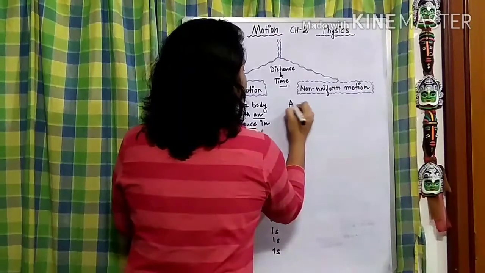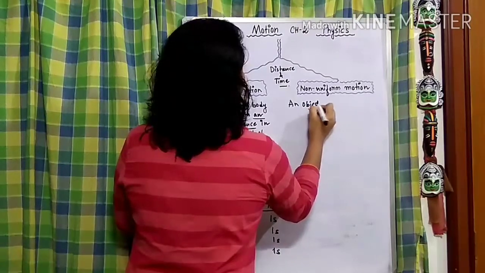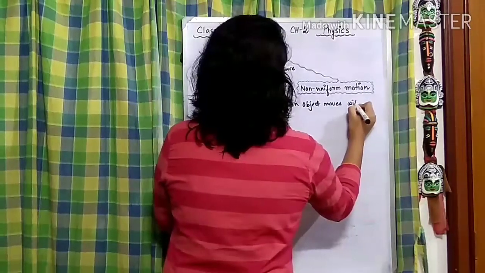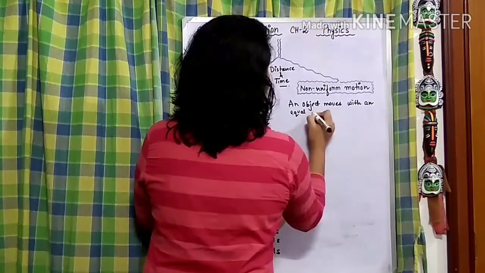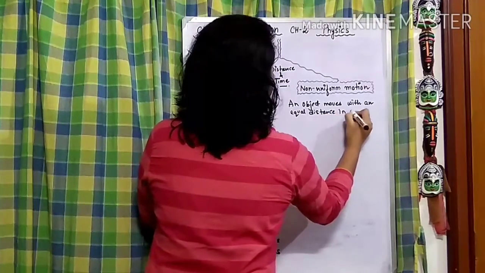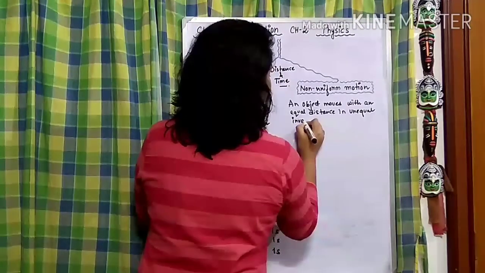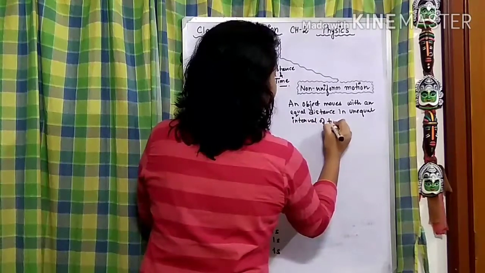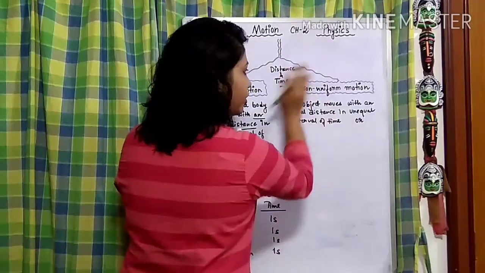When an object moves with an equal distance in unequal interval of time, this is a condition of non-uniform motion.